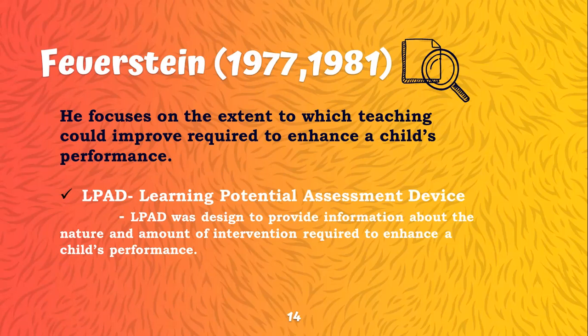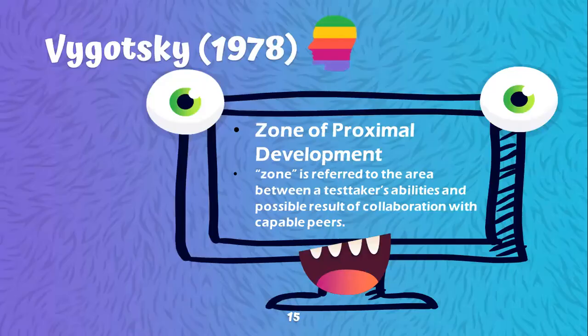para mag-enhance iyang performance. So now para kay Lev Vygotsky, very known siya para sa iyang zone of proximal development. So Vygotsky introduced the concept of the zone of proximal development. So when we say zone, it refers to the area between the test taker's ability and possible result of collaboration with capable peers.